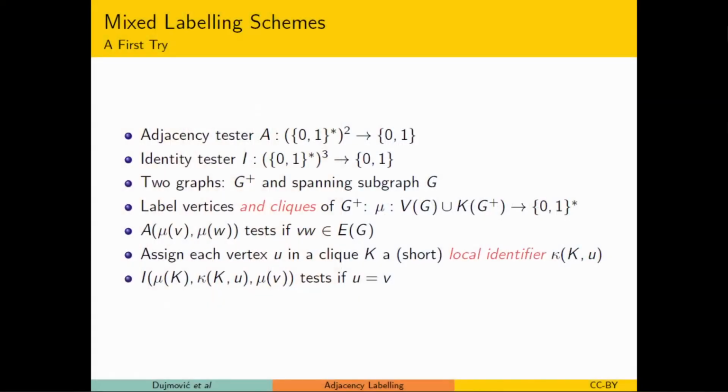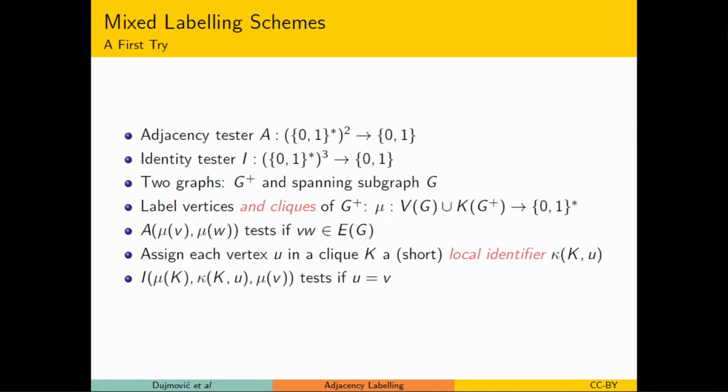Okay, so now we get to this horrible definition, which unfortunately is the way you have to start the paper. So this is called a mixed labeling scheme, but hopefully now there's some motivation for why it has all of these parts. So it's a generalization of adjacency labeling. So there's an adjacency tester just like before.